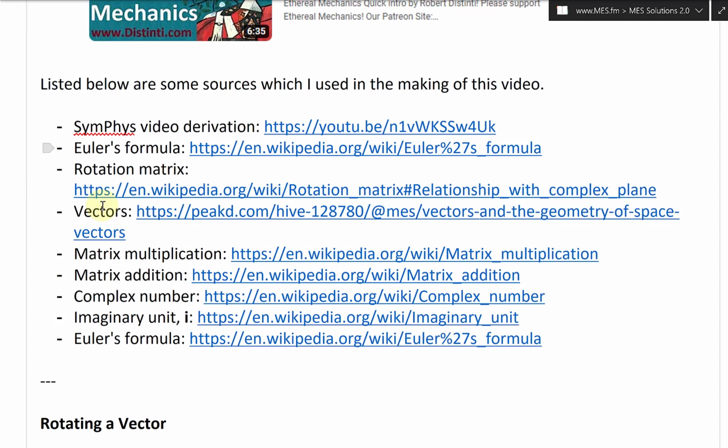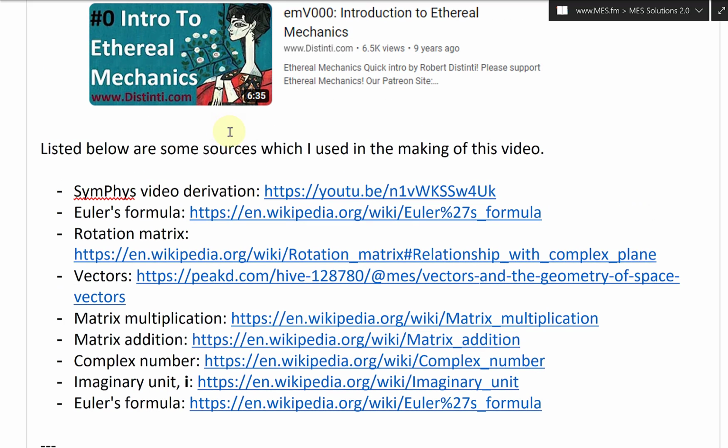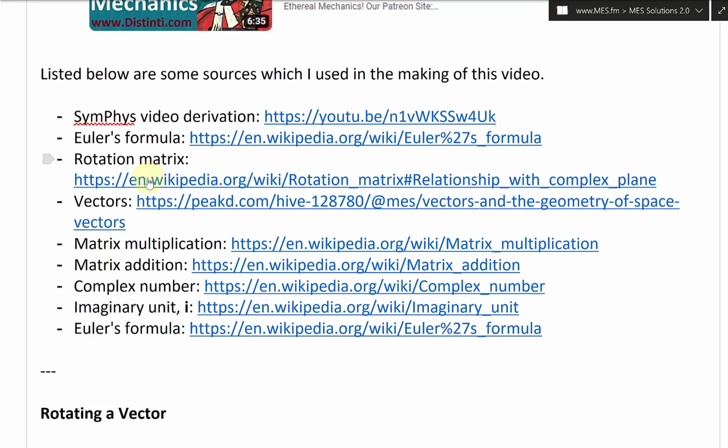Listed below are some sources which I've used in the making of this video: a SimFiz video that derives the complex number to rotation matrix relationship, Euler's formula, Wikipedia's rotation matrix page, and my vectors video on the Hive blockchain, where I put the article format with all the notes and links to the videos.